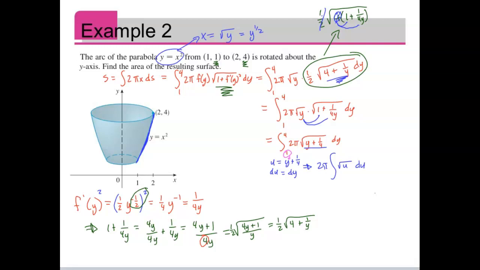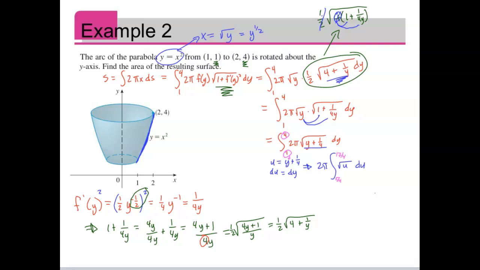It'd just be 1 plus a fourth, which is 5/4. And when y is 4, what's u? 17 fourths. 17/4. Let's go ahead and evaluate.